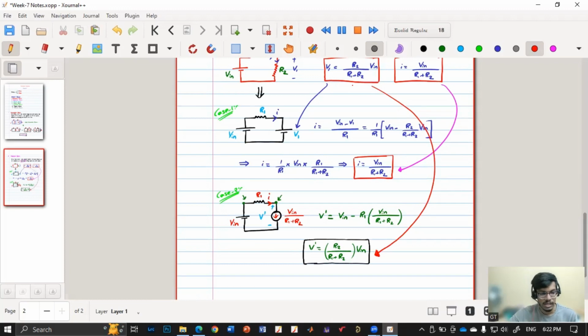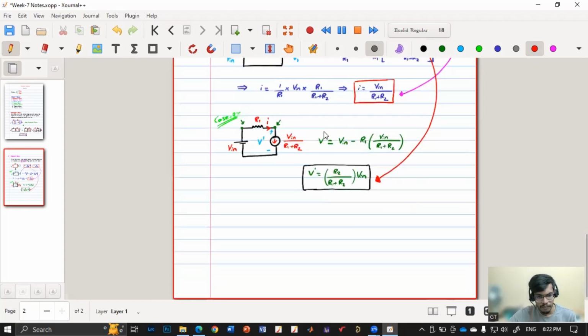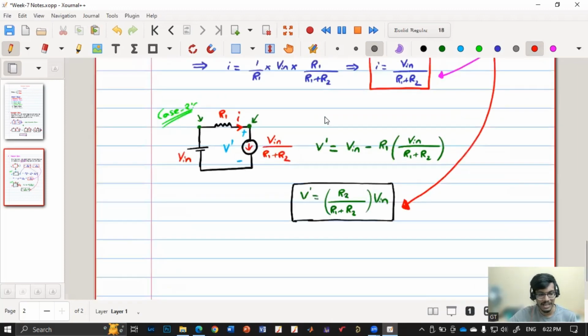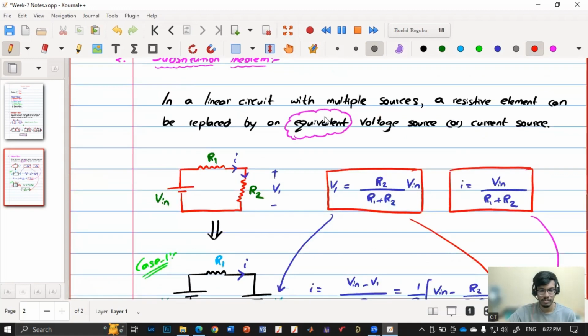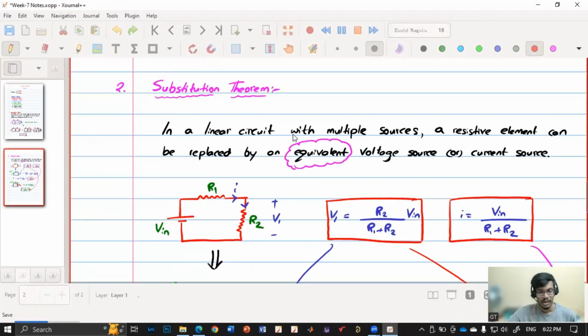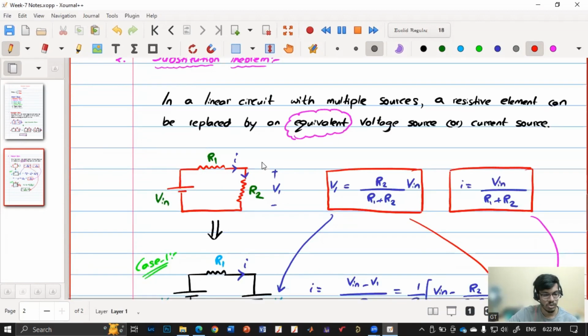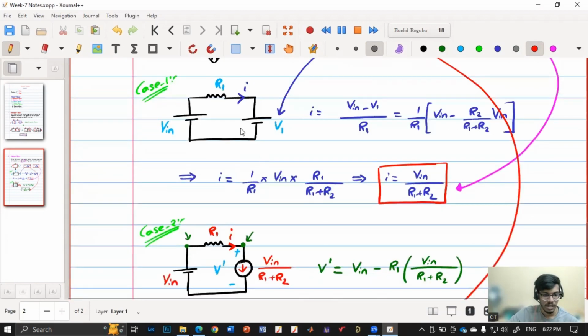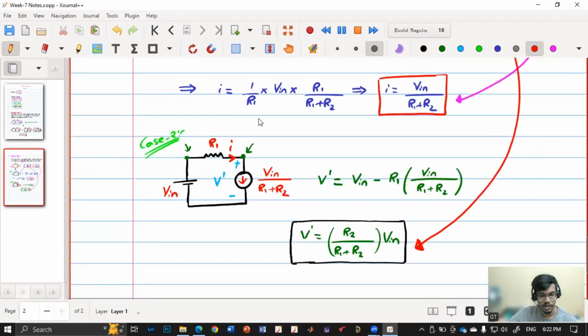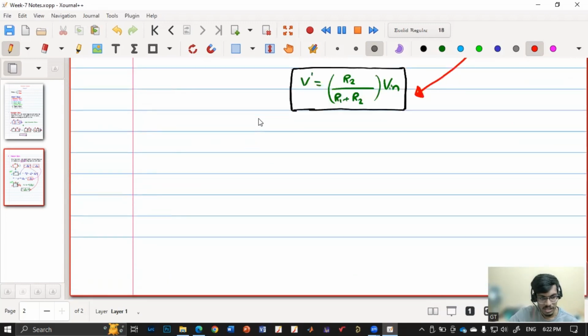So this says that if we replace any element, mainly a resistive element, in this circuit by an equivalent voltage or current source, it will still remain the same circuit. Neither KCL nor KVL will be violated. So you are free to change any such resistor. Here I have considered a very simple circuit. Now, say you want to consider a more complicated circuit.